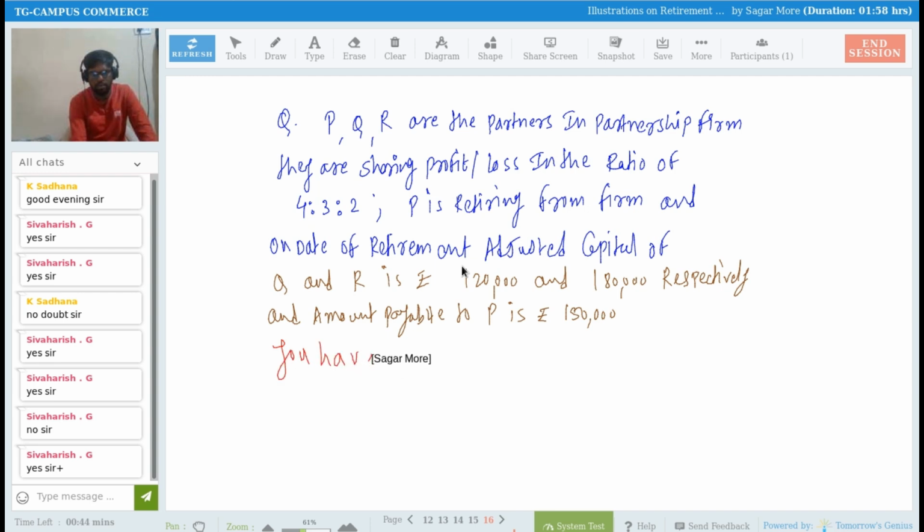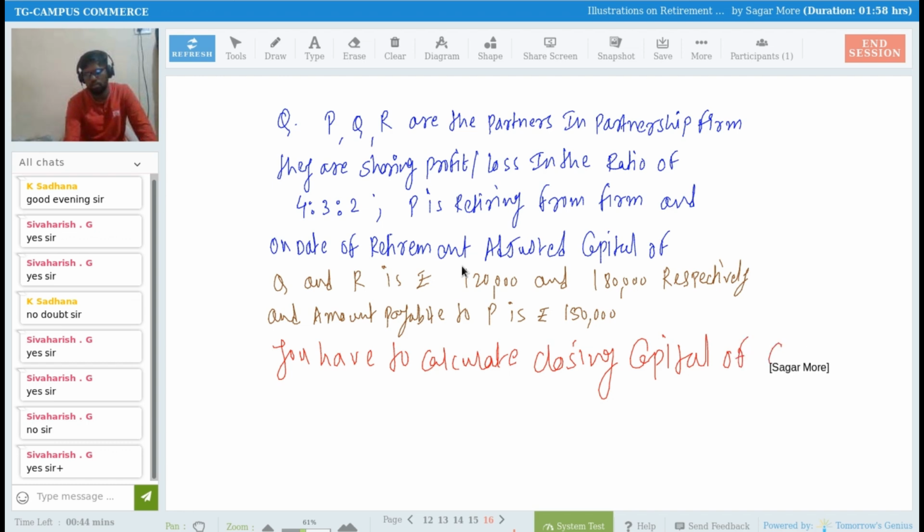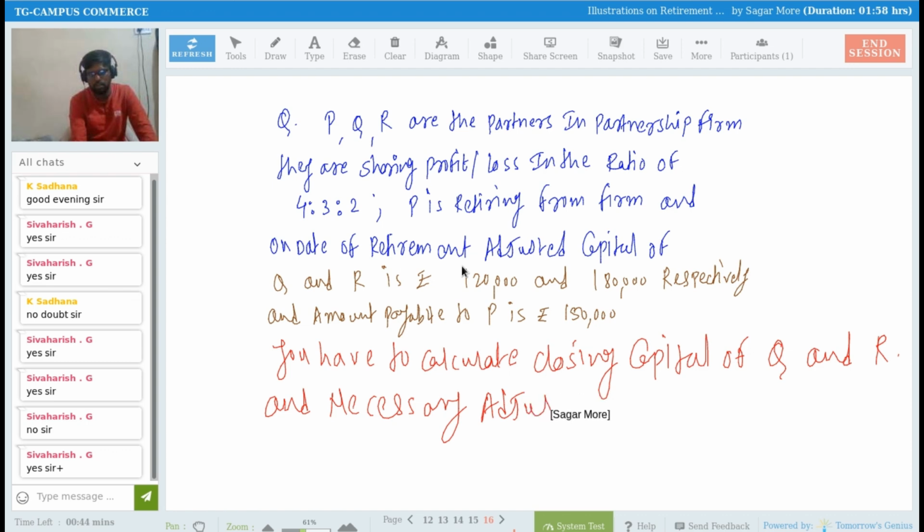You have to calculate closing capital of Q and R and necessary adjustment entry as well.